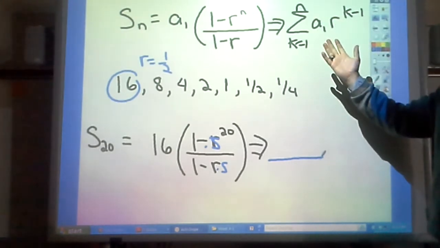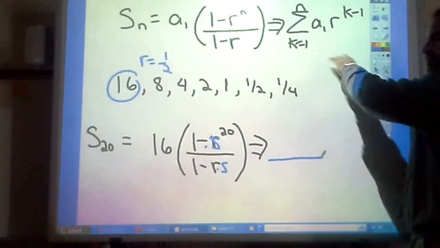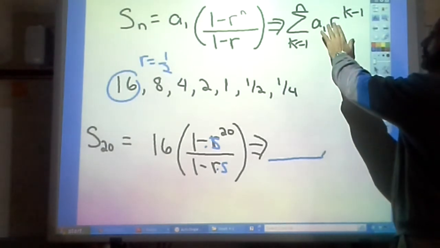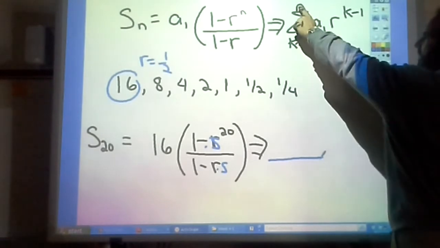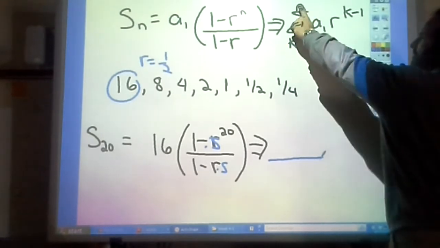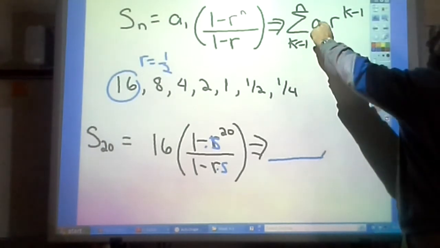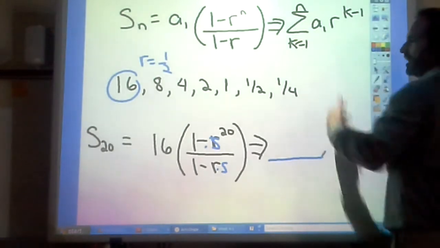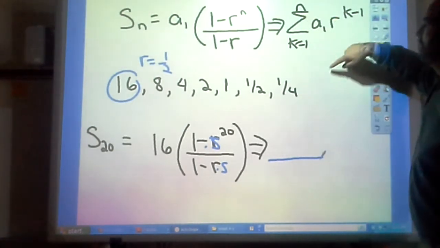If I wanted the 20th term, or the 5th term, or the 6th term, it'd be my initial term times the ratio to a power. Let's say n is 20, well I'm going to take k all the way up to 20. This represents k going all the way up. It's kind of confusing, but k takes on any number, going all the way up to what n is. If n is 20, we'll go up to 20.